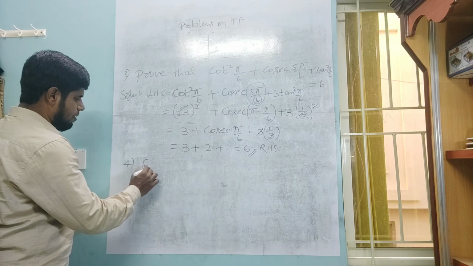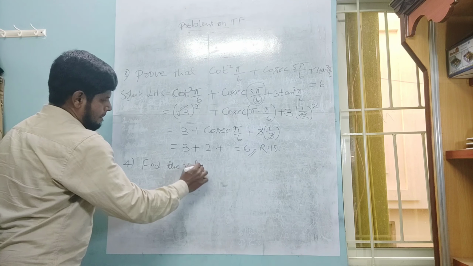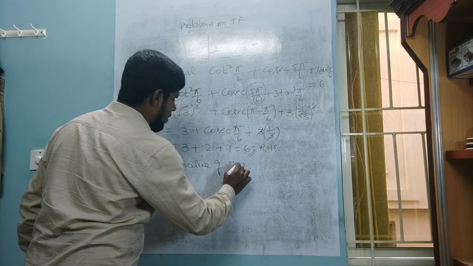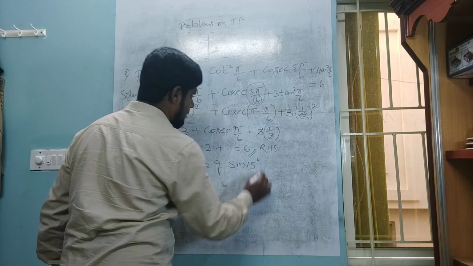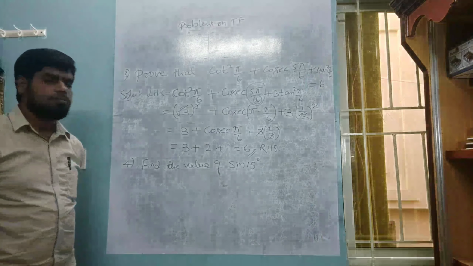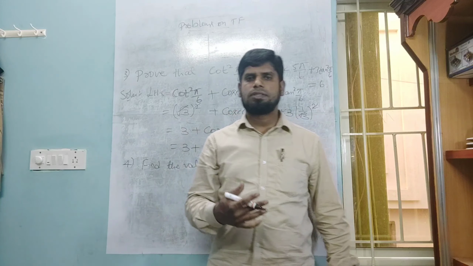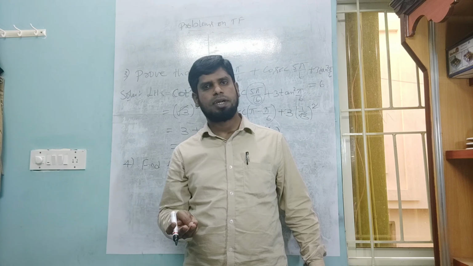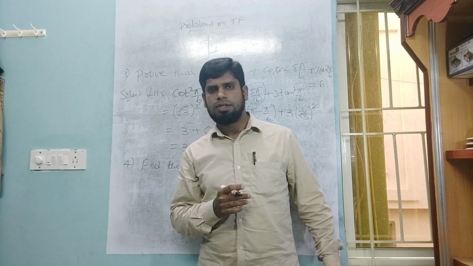Find the value of sin 15 degrees. Okay student, very interesting problem. In the trigonometric table, we studied the values for 5 angles: 0 degrees, 30 degrees, 45, 60 and 90 degrees.